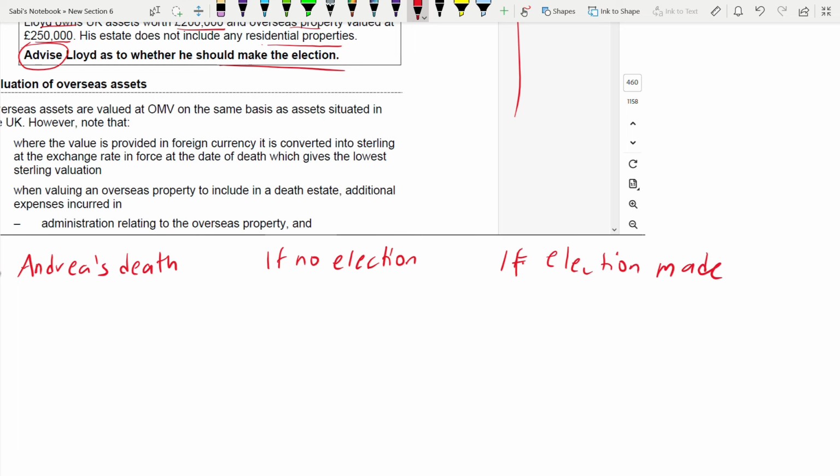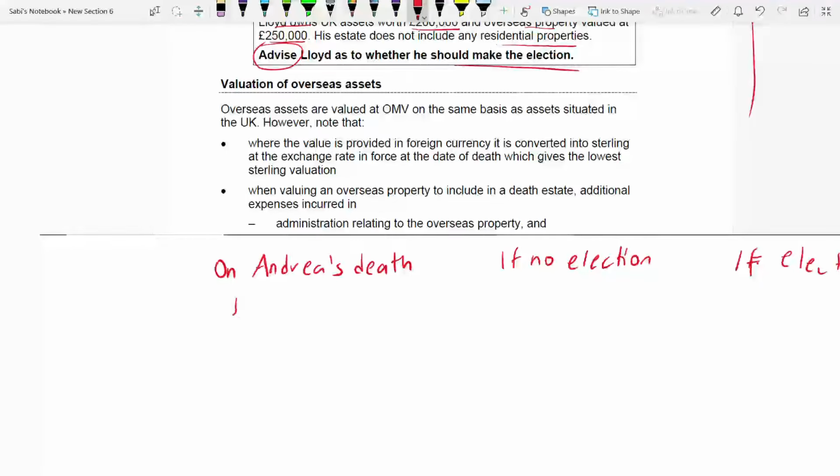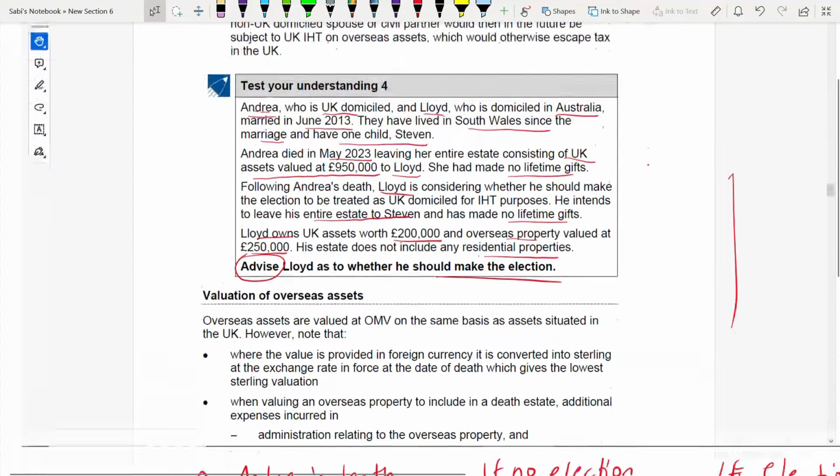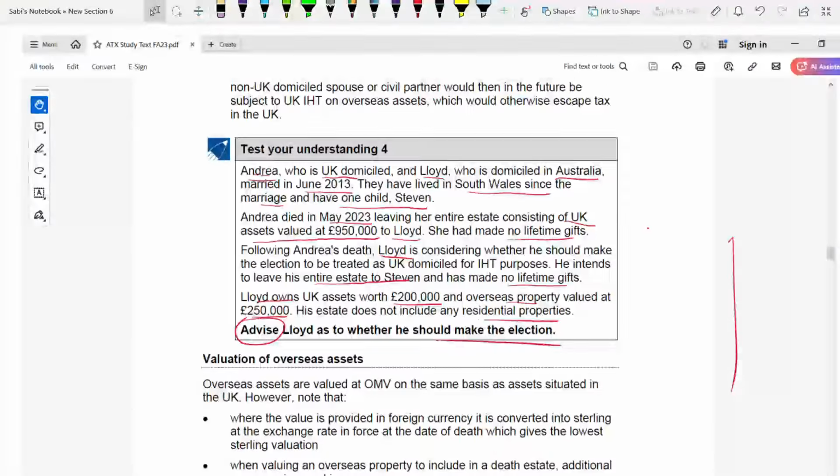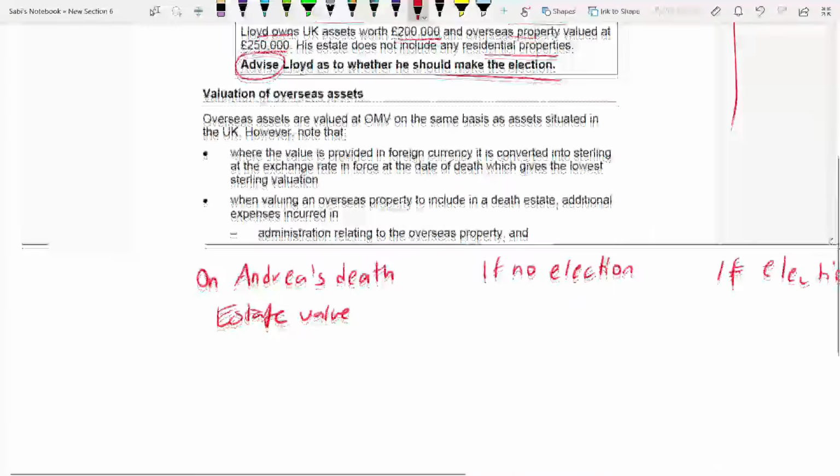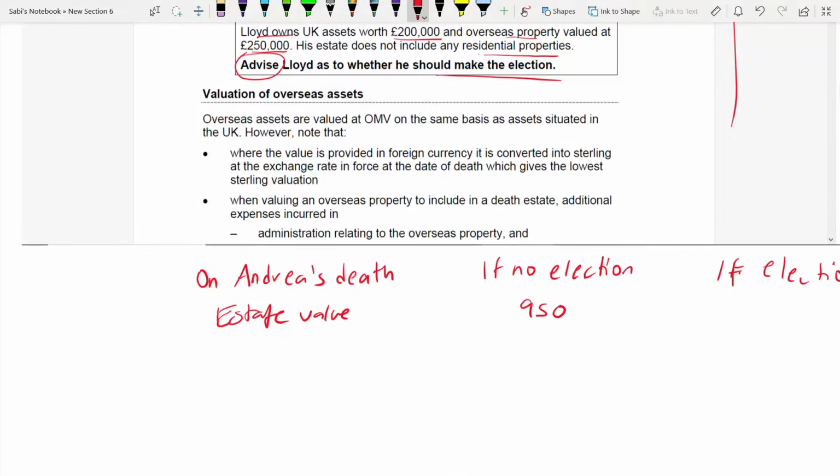Now, always start with the estate value. The estate value will be the same. This is for Andrea we're talking about. So Andrea has an estate of 950,000. So without election it is also 950,000. With election also 950,000.